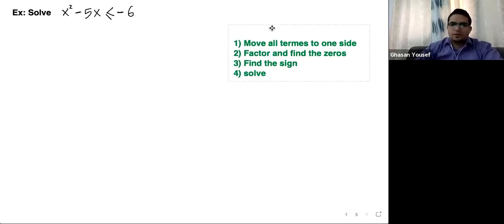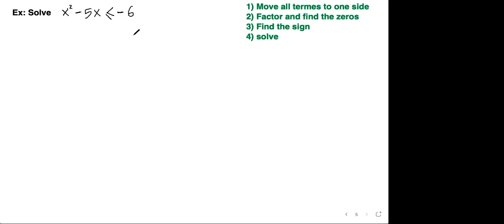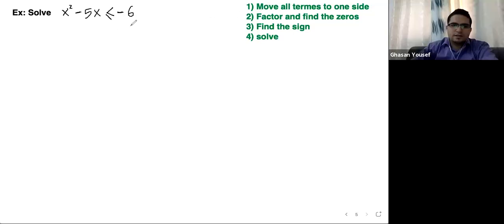Who will do the first one? Step number one. So you just add 6 on both sides to make the other side 0. Exactly. We add 6 to both sides to make this side equal 0, or cancel out 6. Minus 6 plus 6 is 0.